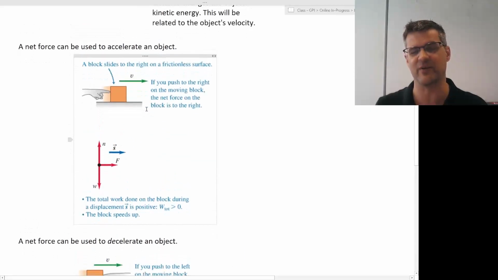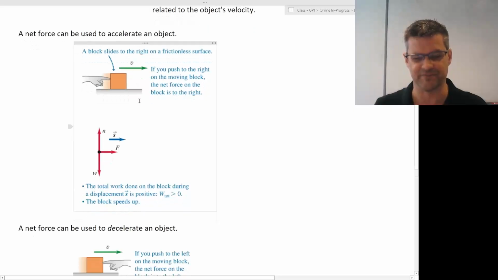So in this scenario with this block, I could push it to the right. And as I'm pushing it to the right, I see that I have a net force because of my finger poking on it. That net force applied over a distance will change the kinetic energy of the system. And because the mass isn't changing, and because 1/2 isn't changing, that means that the velocity must be changing.